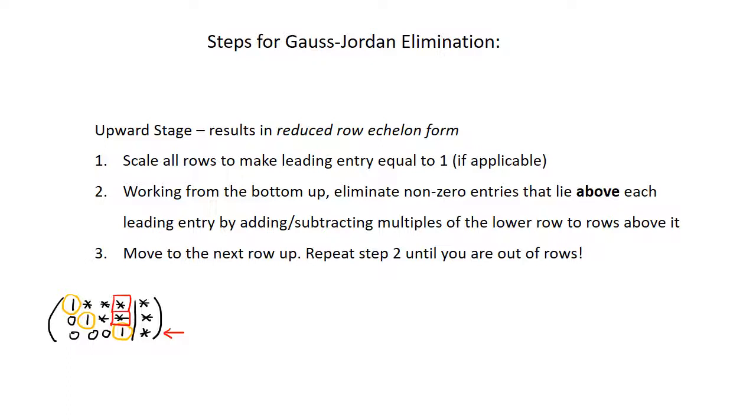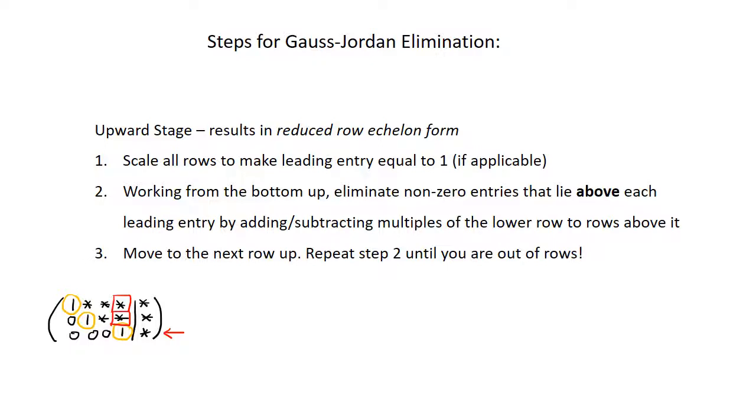Okay, so the way that we're going to do this is we are going to add and subtract multiples of this bottom row to the rows above it. So whatever this first star is, we'll multiply the bottom row by it and subtract. So we're using the replacement operation again.